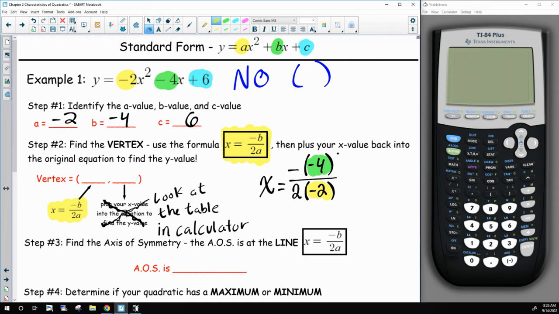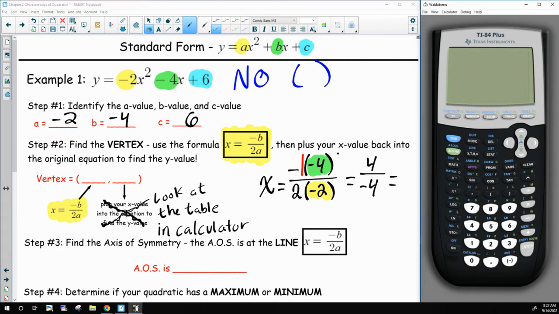Now we just need to simplify this and we'll have the first part of our vertex. Negative 4. What number's out in front but we can't see? 1. What is negative 1 times negative 4? Positive 4. On the bottom, we have 2 times negative 2, negative 4. Then we just need to divide.